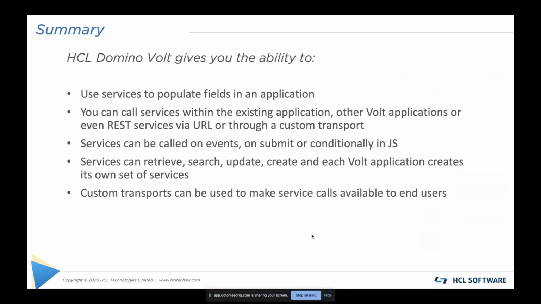And then lastly, just as a preview, something called custom transports, so that you can make available to all the end users so that they don't have to know the URLs, or if you don't need to share passwords, or if it's something that's commonly used, such as getting an OAuth token or something like that, you can create a custom transport around that to do the submission, and the user just fills out the inputs and the outputs around that.